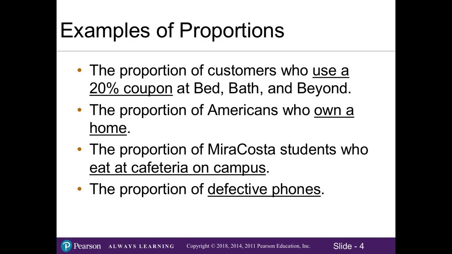In our third example, we have the proportion of MiraCosta students who eat at the cafeteria on campus. The attribute of interest here is eating at the campus cafeteria. And our fourth example is the proportion of defective phones. In each of these, we can find the proportion of our attribute of interest by taking the number who have this particular attribute divided by our population size or our sample size, depending on if we're looking at populations or samples.